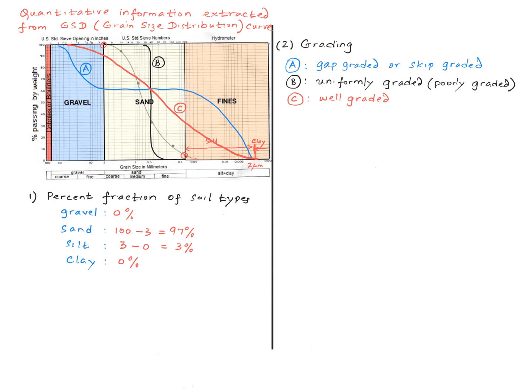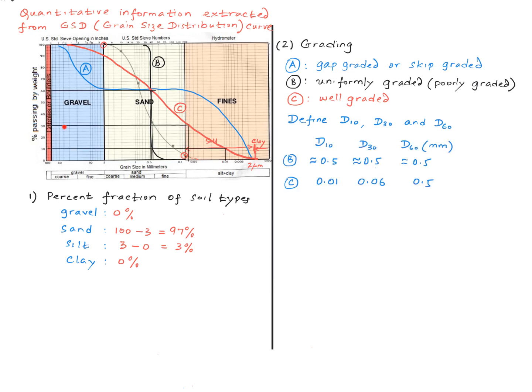So the next question is, is there a more quantitative way to identify these? So it turns out there is. So let's first define 3 diameters called D10, D30 and D60. So if I come back over here and draw a horizontal line at 10%, the diameter at which the horizontal line intersects the grain size distribution curve is called D10.